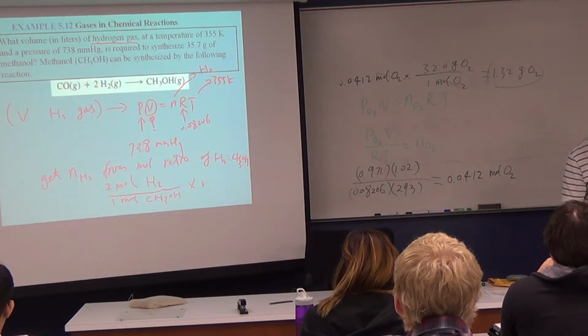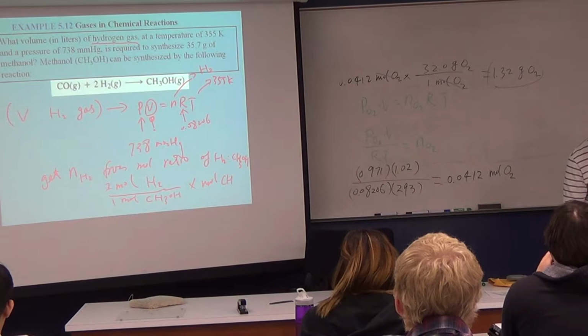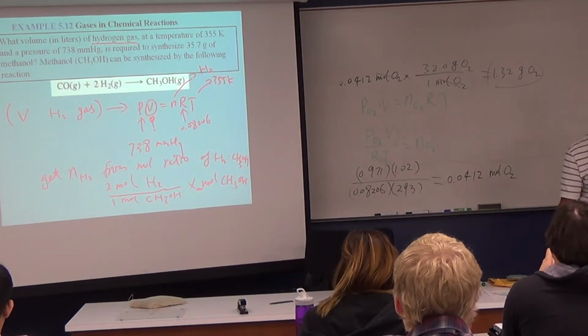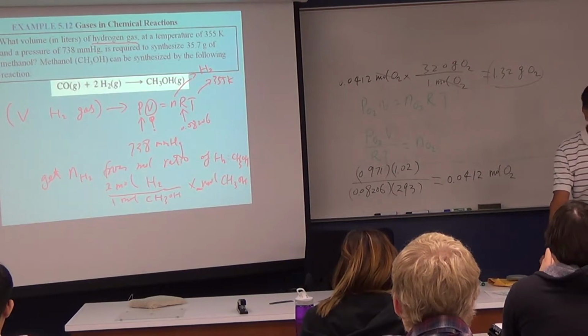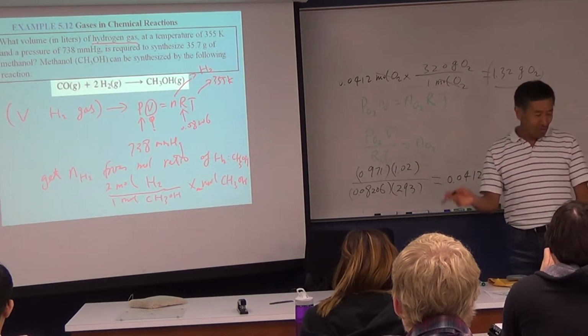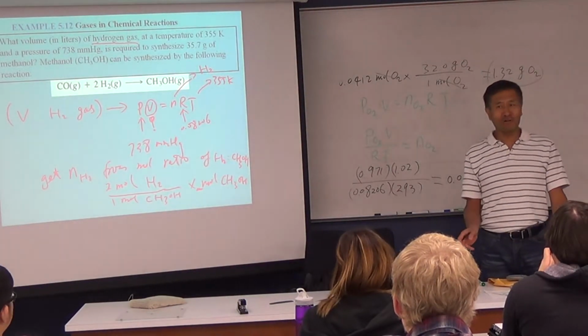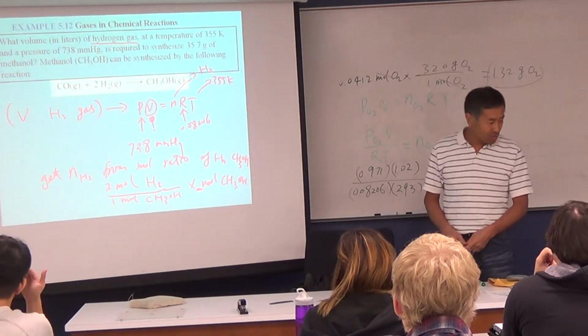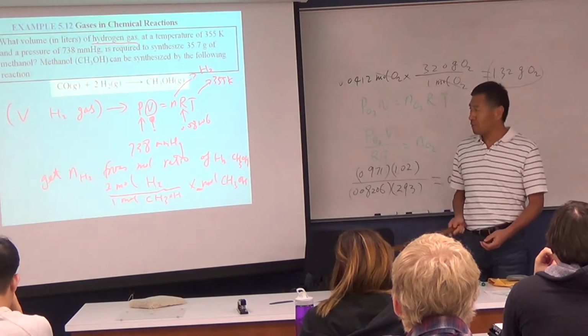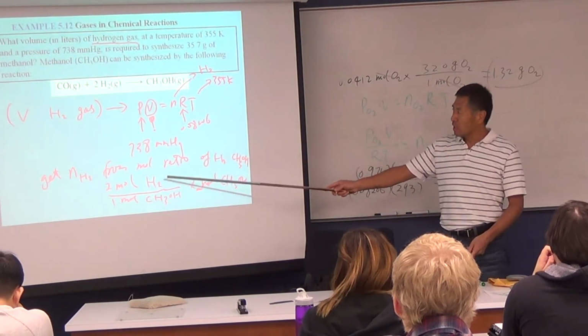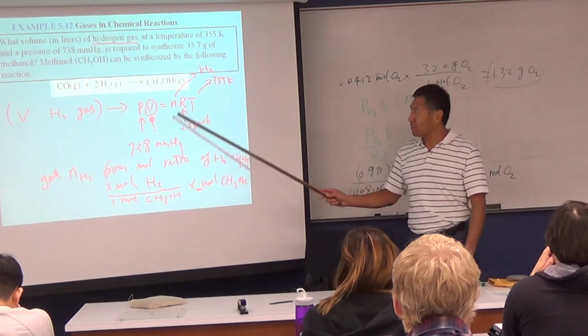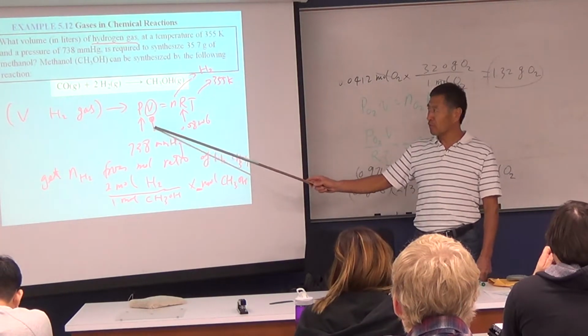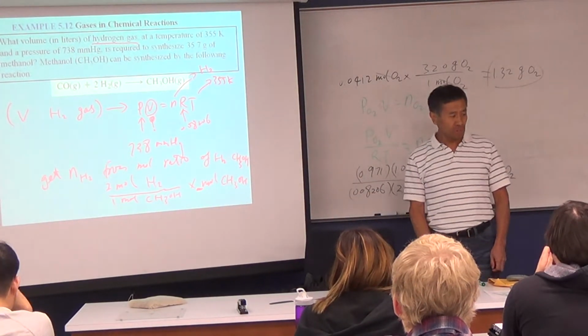So we need to know mole of CH3OH. And put some blank here, right? So if we can find out from the given information of this problem what is mole of methanol, then we will use this mole ratio to find out mole of H2, and then we'll put the mole of H2 into this equation and we'll solve that for this volume.